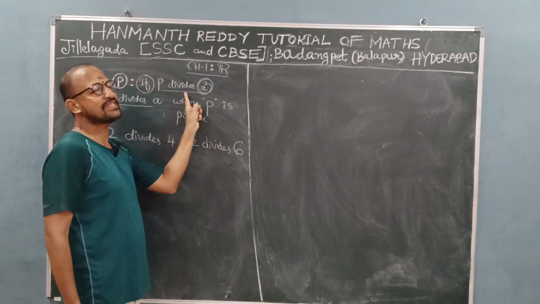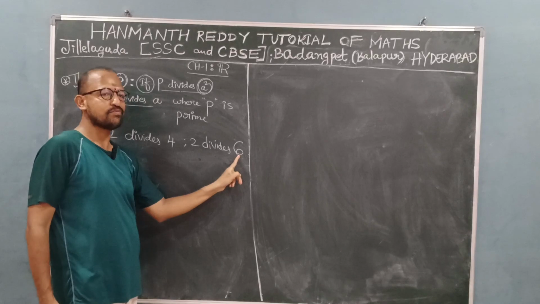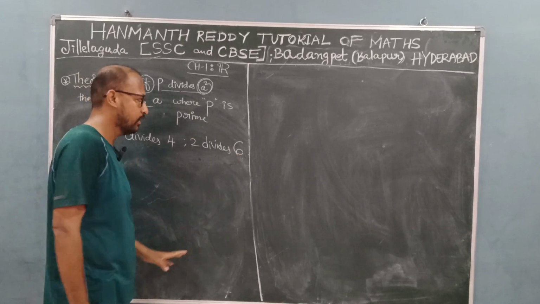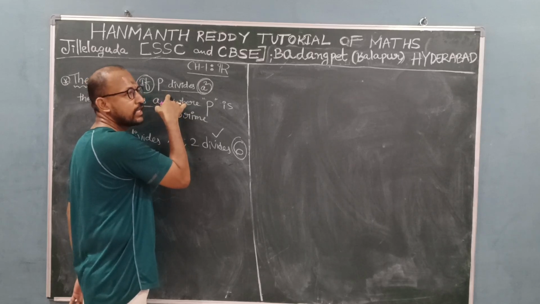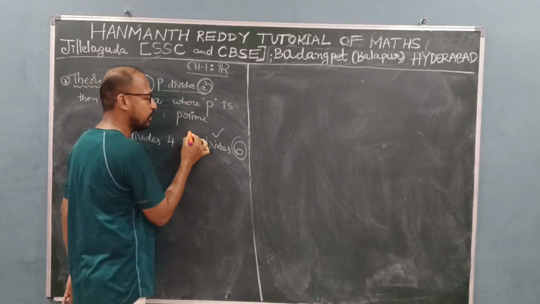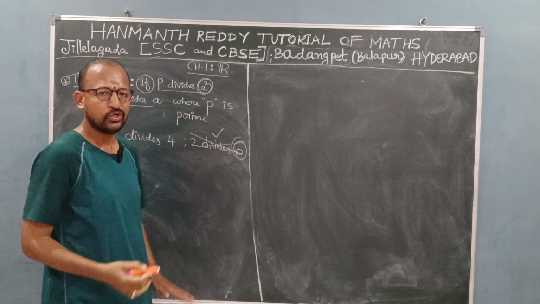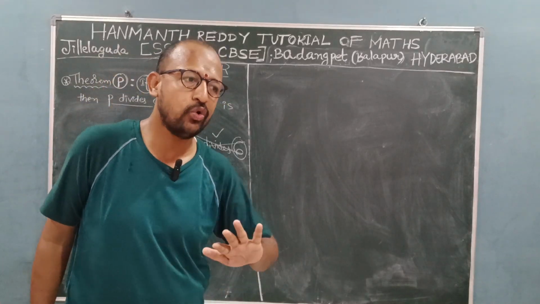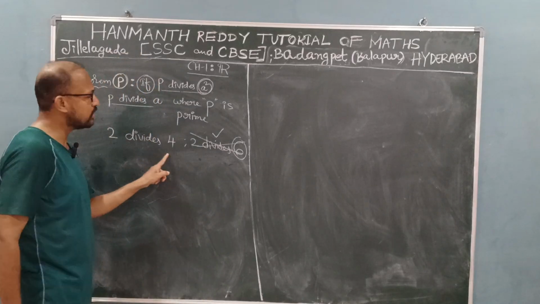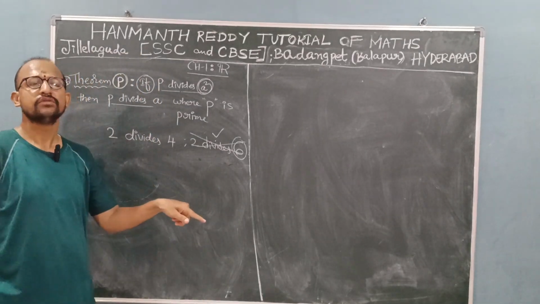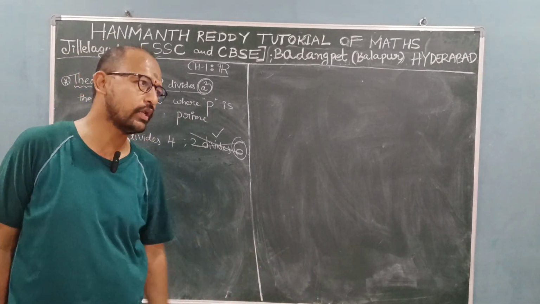But as per this theorem statement, I can't take 6 because it should be a perfect square. Don't take 2 divides 6, 2 divides 8 or 2 divides 10, because they are not perfect squares. Take 2 divides 4 or 2 divides 16, perfect squares I need.